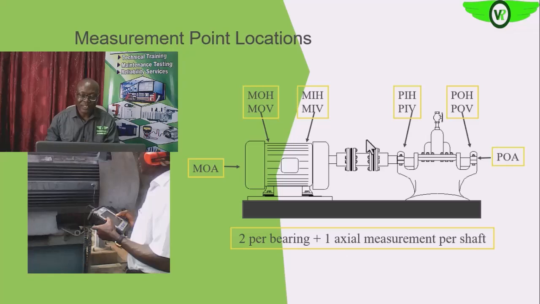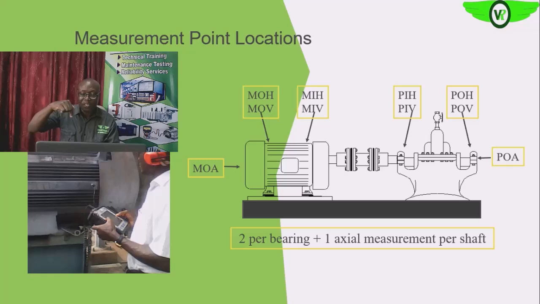So now if you look at the motor itself, since we have two bearings, one on the drive end and the other at the non-drive end, the one at the drive end is called the inboard bearing, and the one at the non-drive end is called the outboard bearing.